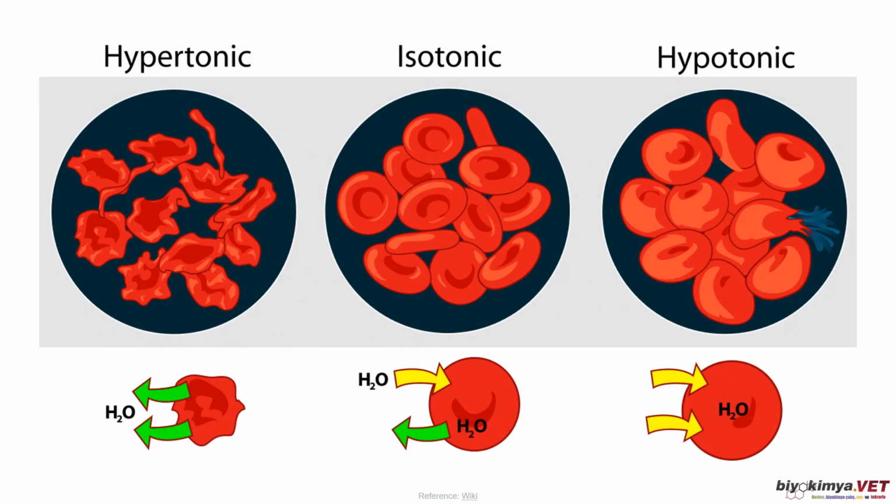The osmotic pressure of intracellular and extracellular fluids in humans and animals is equivalent to the osmotic pressure of 0.9% sodium chloride solution. And here, as you see, in the isotonic state, the flow of water from outside to inside or inside to outside occurs in a normal manner.